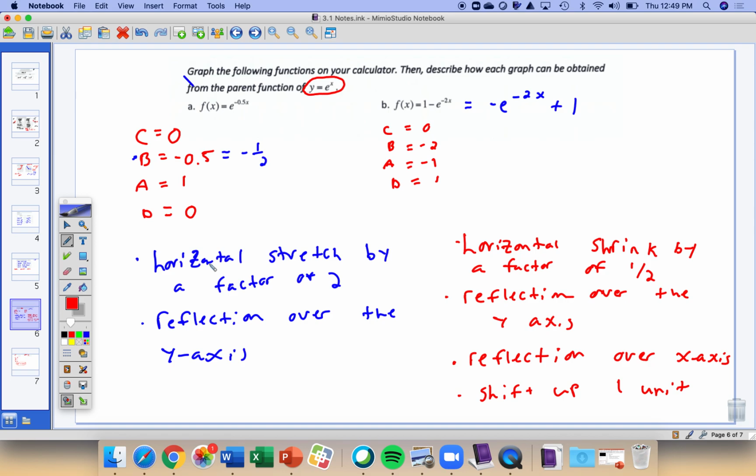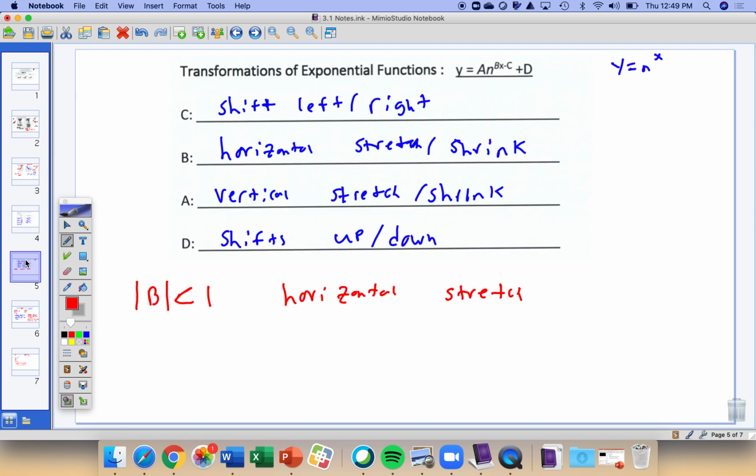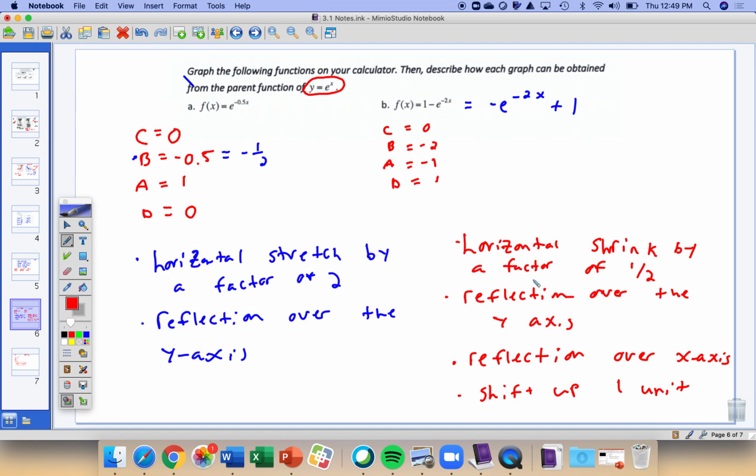If the absolute value of B is greater than 1, we get the horizontal shrink, which is what we saw in this example here.